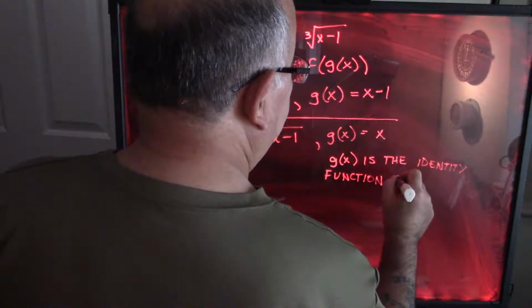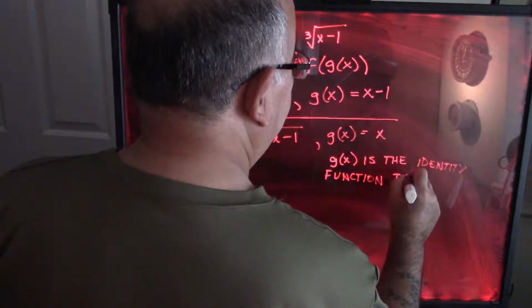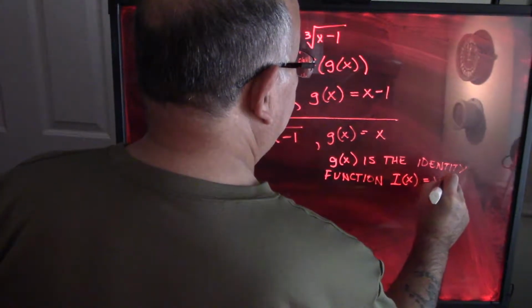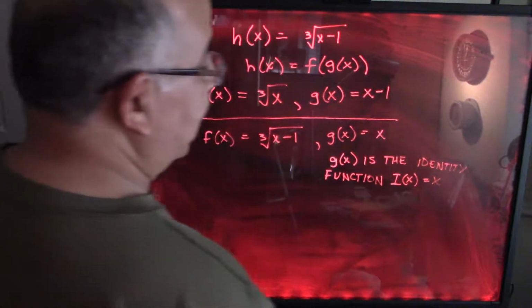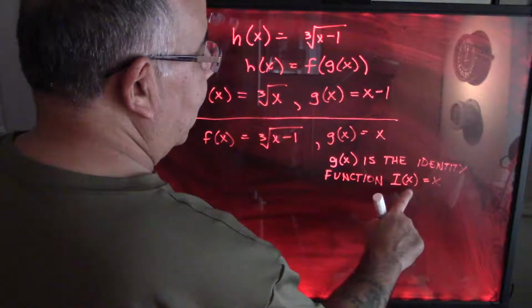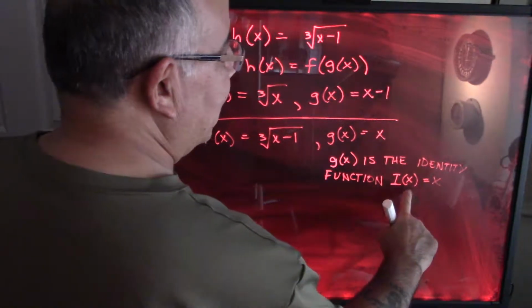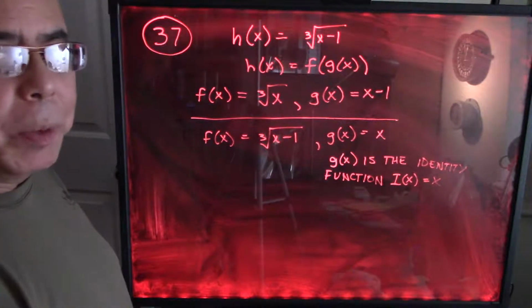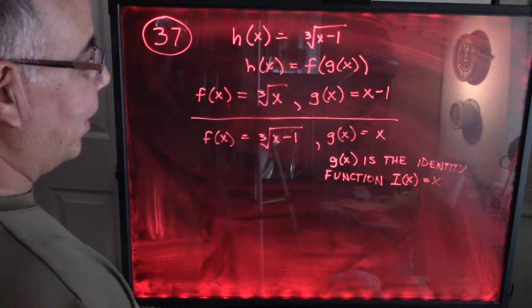And it's sometimes abbreviated capital I of x equals x. In other words, it'll give you back exactly what you put in. This thing that goes inside there is called the argument. It'll give you the argument of the function back again.